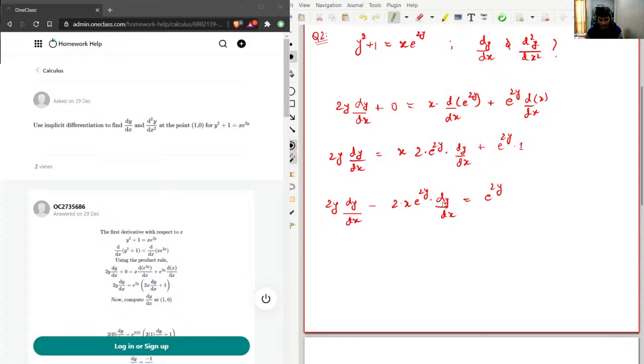Now I'll take dy by dx common, so this will become 2y minus 2x e power 2y, and this will be e power 2y. Now I'll divide both sides with this expression, 2y minus 2x e power 2y.